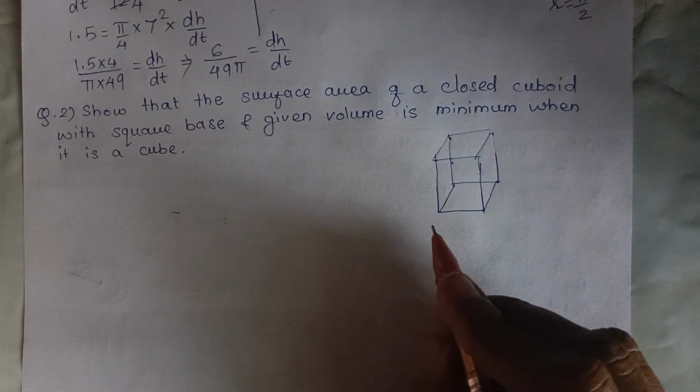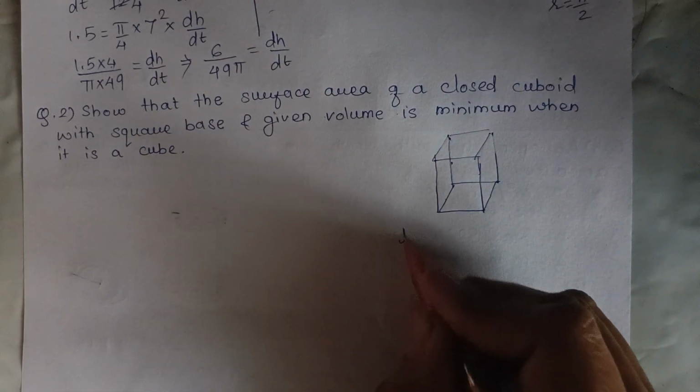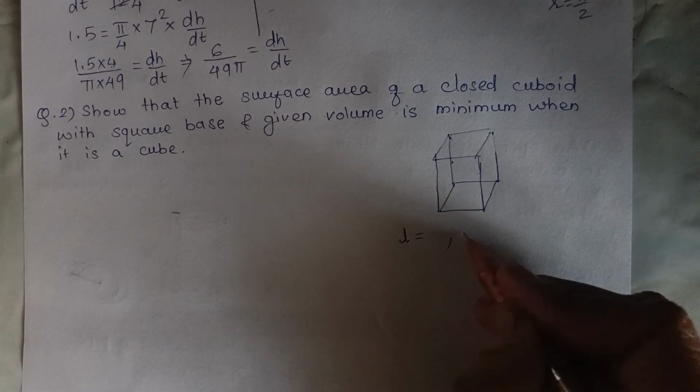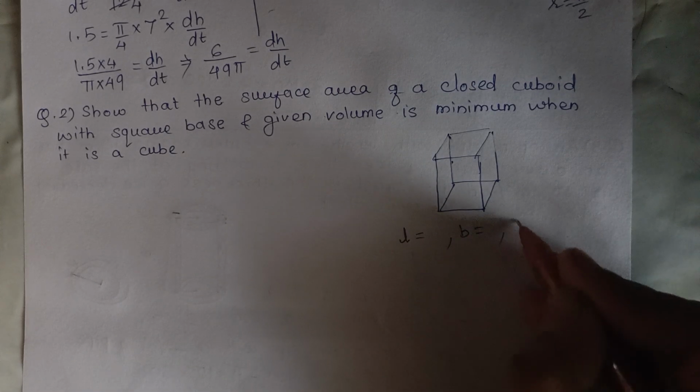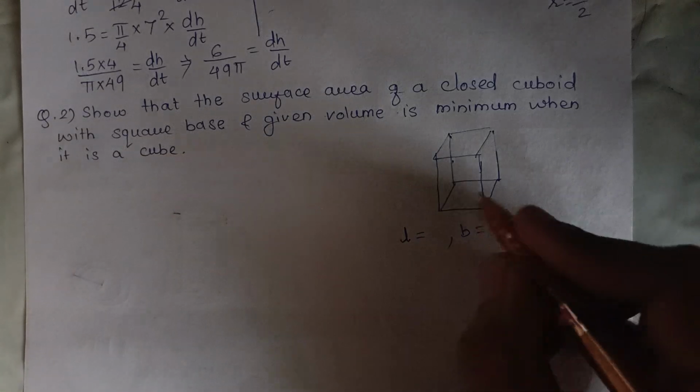See, for a cuboid there is length, breadth, and height. So this length and breadth is same, let's say it is x. What about height? Height I'll take y.